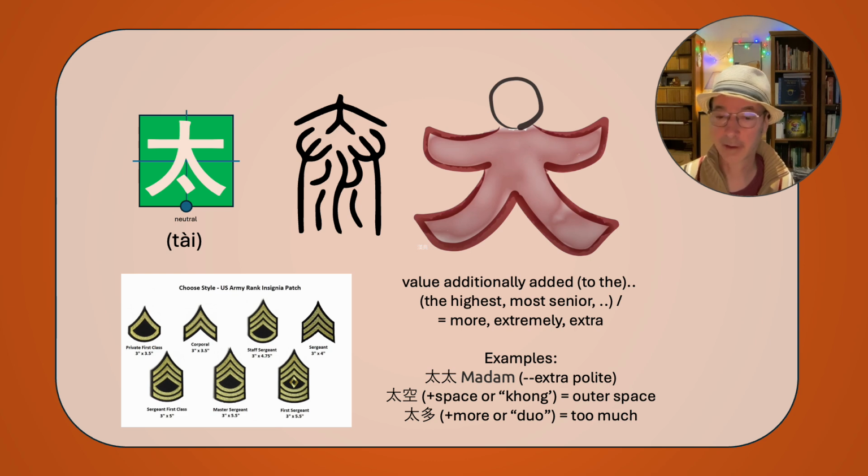Some examples that are quite easy to understand then, if I repeat it. Tai. That's an extra polite thing to say. It's not just a female there. No, it's madam, something extra given as a function to it.